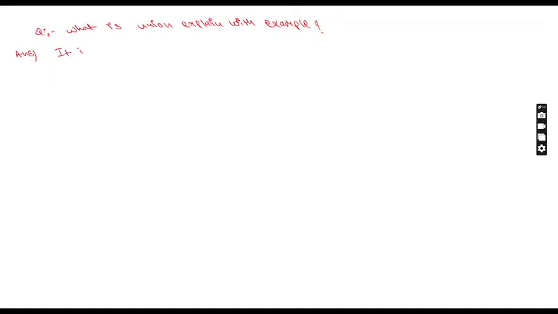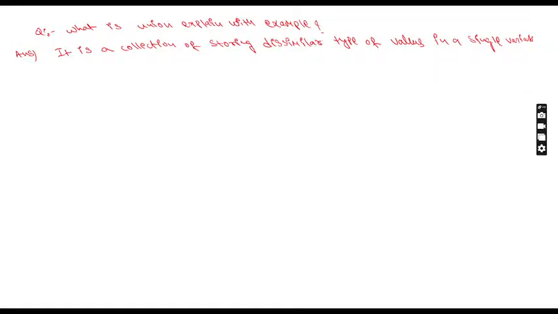It is a collection of storing dissimilar type of values in a single variable is known as union. Okay. So this is the definition of union.